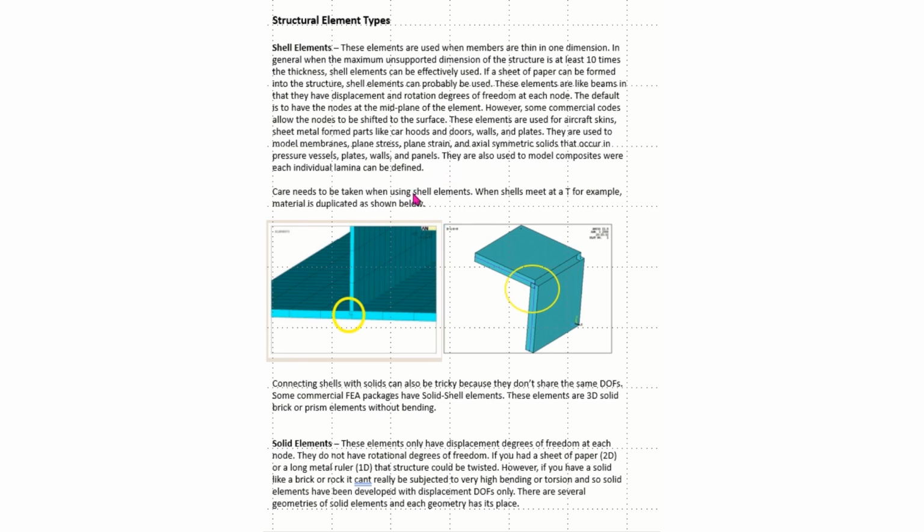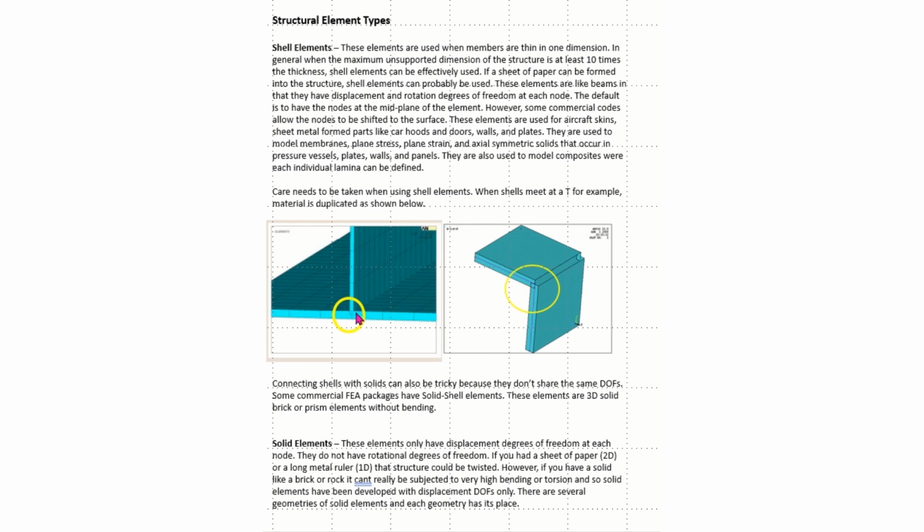You need to be a little bit careful when using shell elements because they double up. So if I have a thin-walled structure here shown by these elements and another thin-walled structure that combine, I actually get an overlap in the strength of the material.